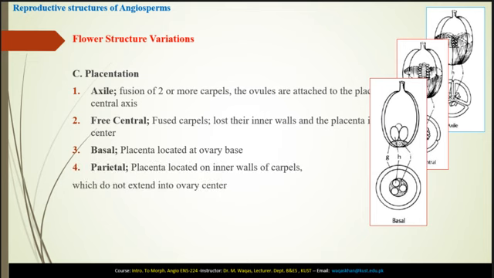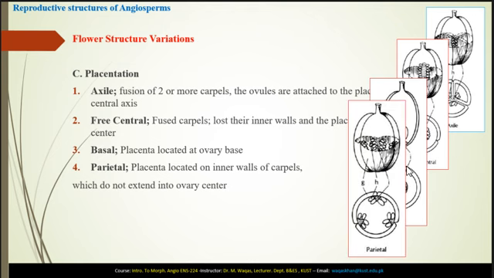The fourth one is parietal placentation. In parietal placentation, this is the placenta. The placenta is located on the inner wall. Look at the inner wall, right? This is the outer wall, and this is the inner wall.